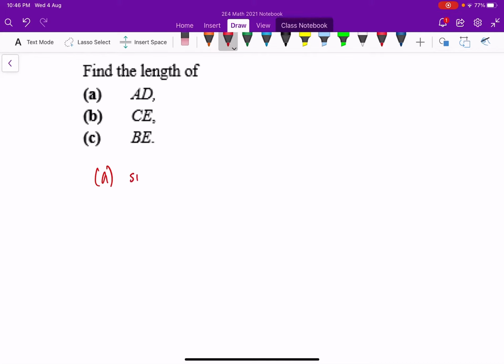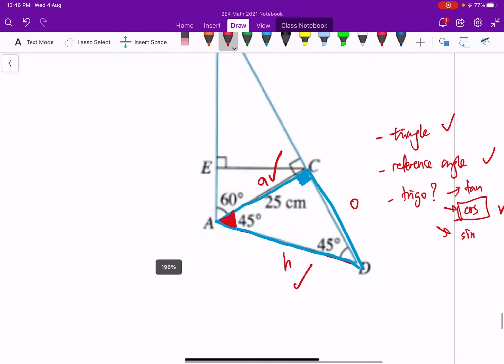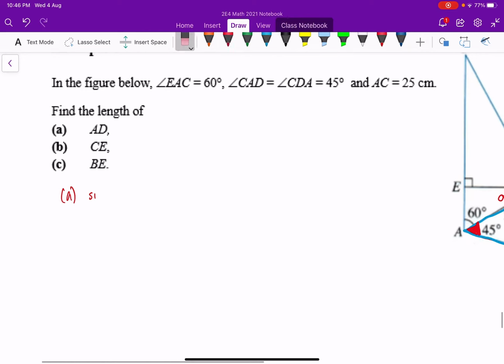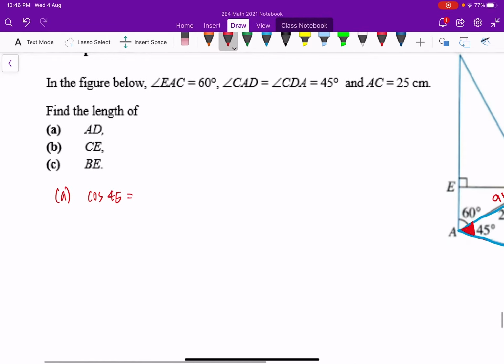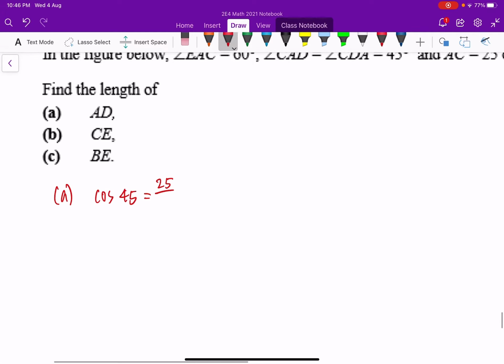So I'm going to use cosine 45 degree equals to 25 over AD. And I multiply AD on both sides.